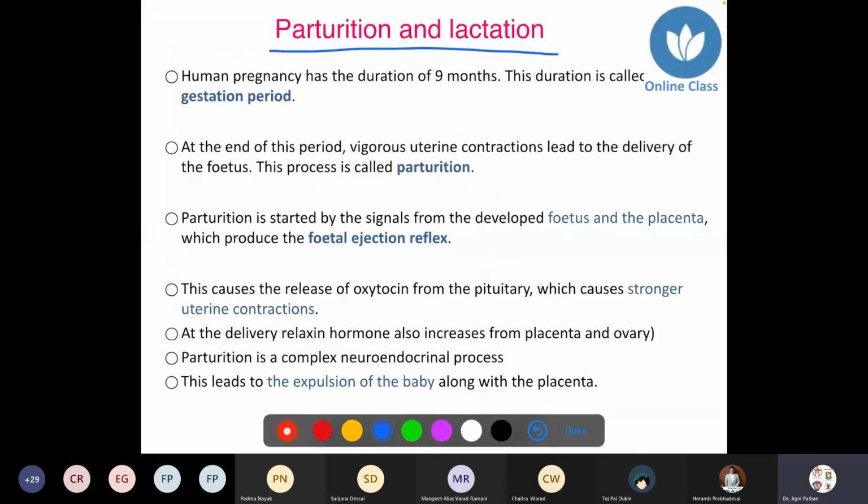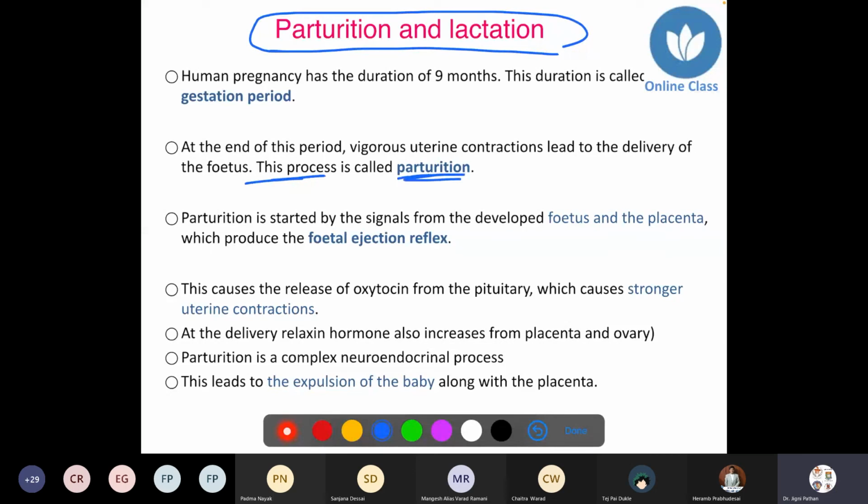What is parturition? Human pregnancy has a duration of 9 months. This duration is called gestation period. We have studied. At the end of this period, there's a vigorous uterine contraction leading to the delivery of the fetus. This is called as parturition.